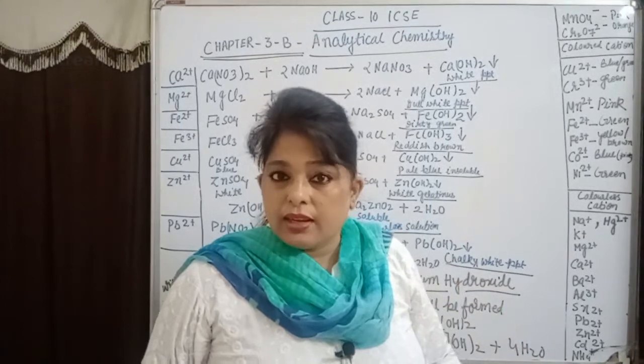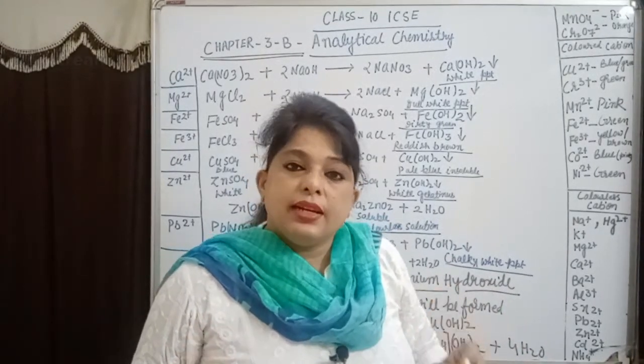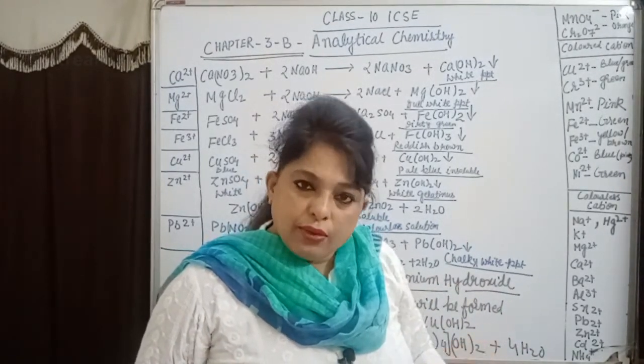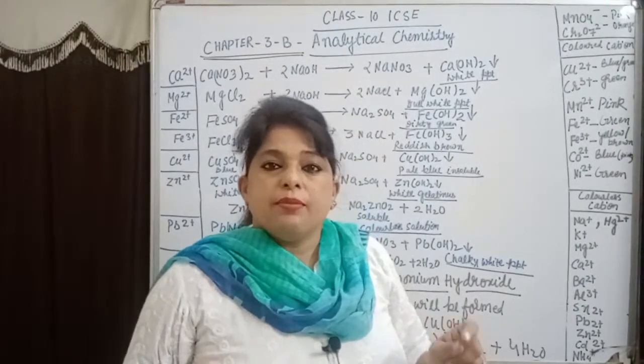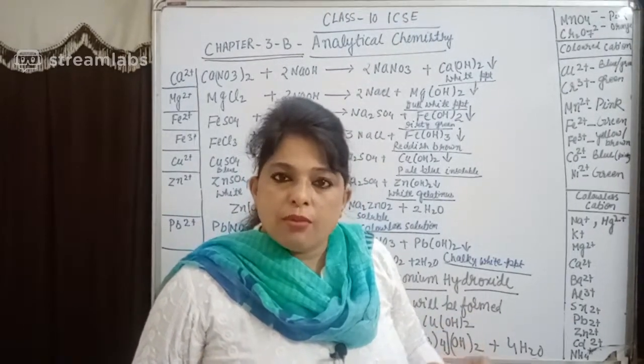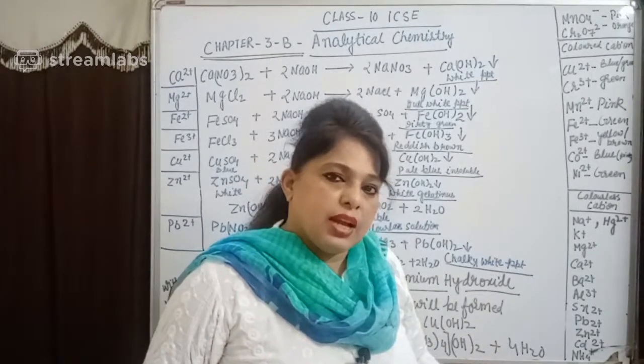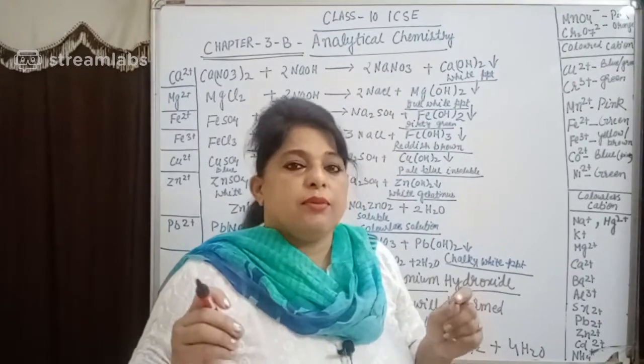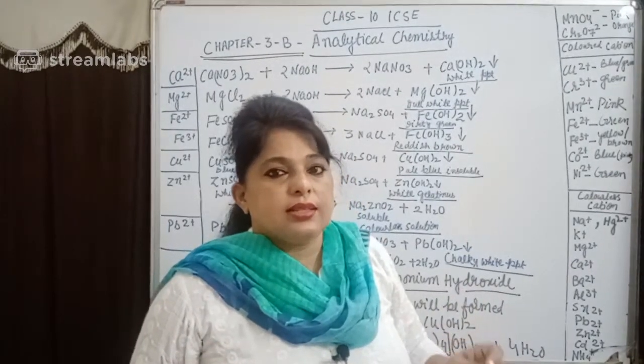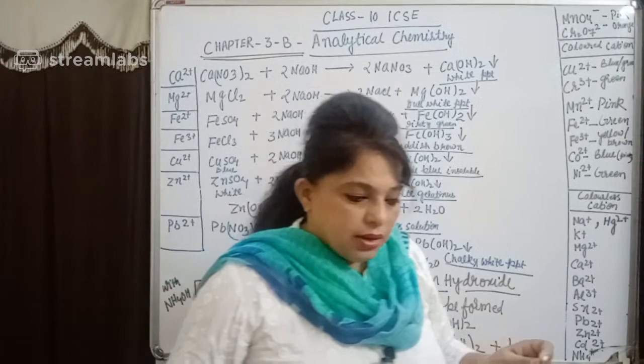It is a strong alkali, and it will be completely ionized in aqueous solution, right? It means it is going to give us more number of hydroxide ions in comparison to ammonium hydroxide, which is a weak base, which will be partially ionized and gives fewer hydroxide ions, right?